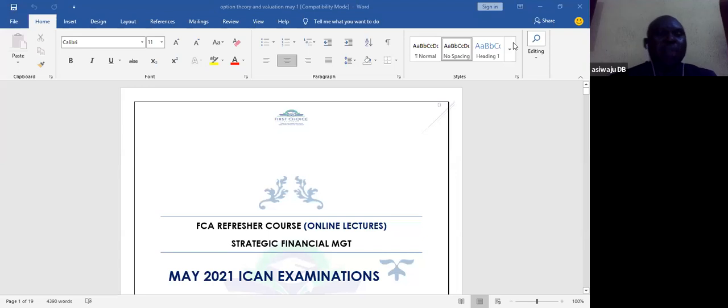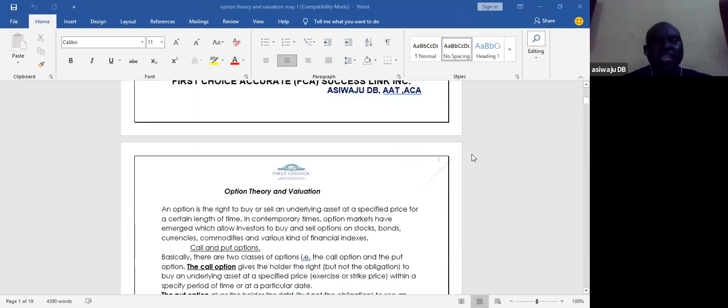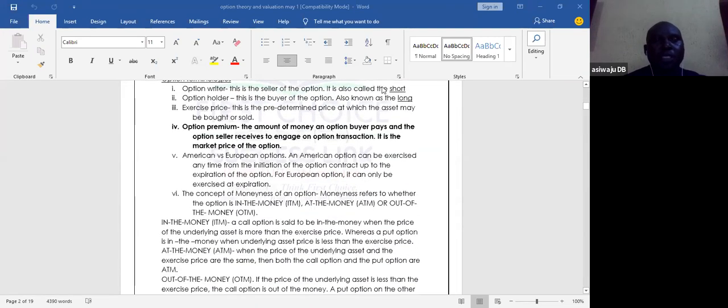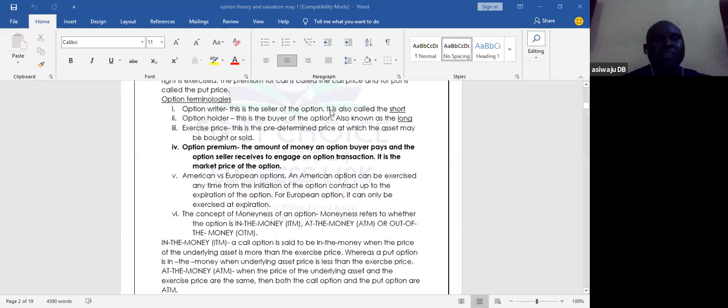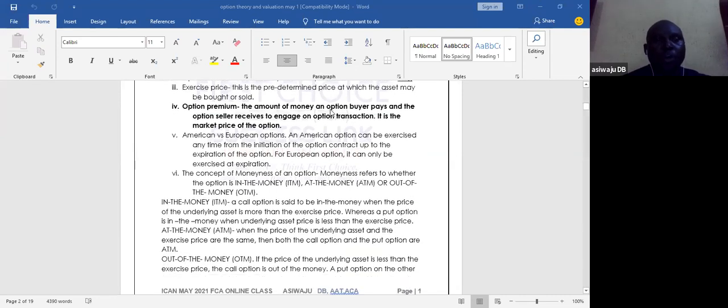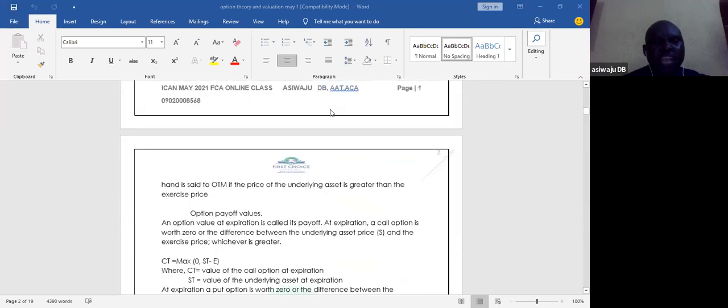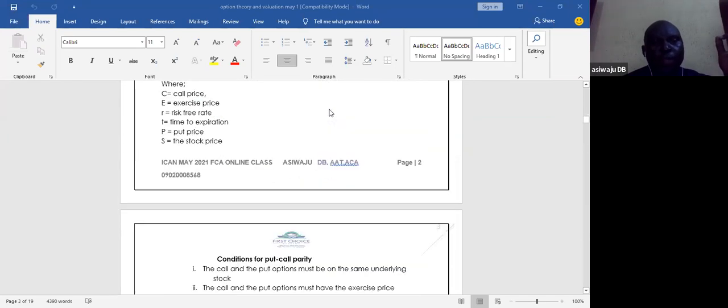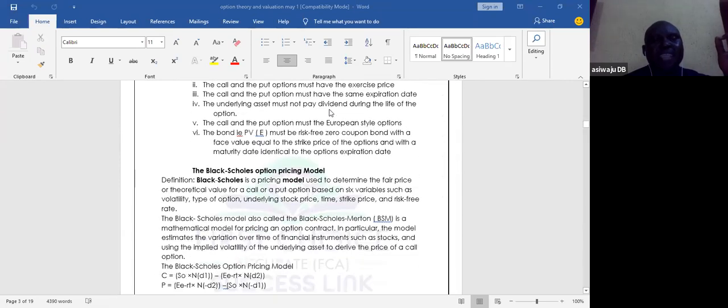Now, when you are required to value an option, let me take my screen off. That has been explained before: the put option, the call option, premium computation, definition of premium, the practice of option contracts, and the money. We have also explained the Black-Scholes option pricing model.